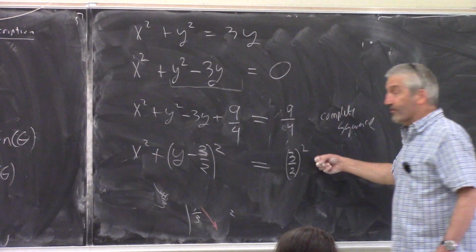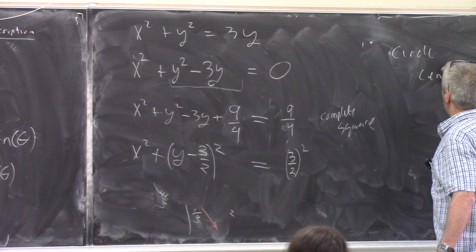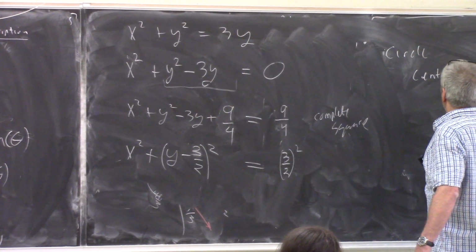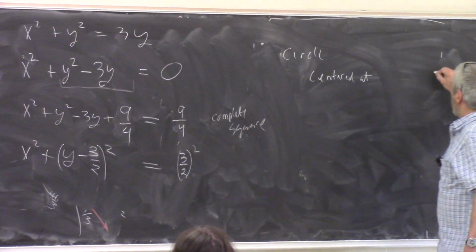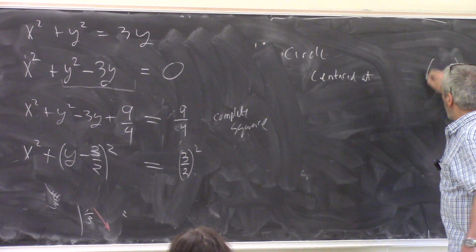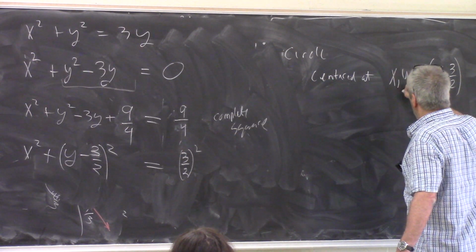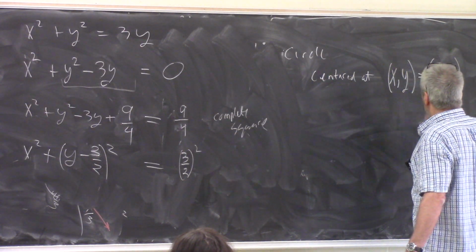So look, that's a circle centered at, now here I'm going to write an ordered pair, 0, 3 halves, but you got to hit the reader over the head with it. Again, your life got complicated today. You always got to say, are you speaking French or Pig Latin?